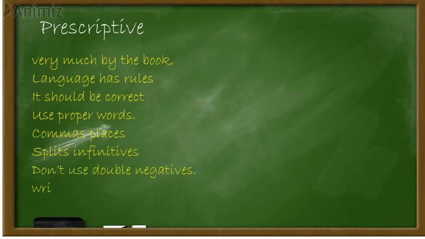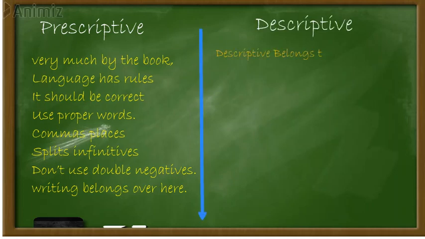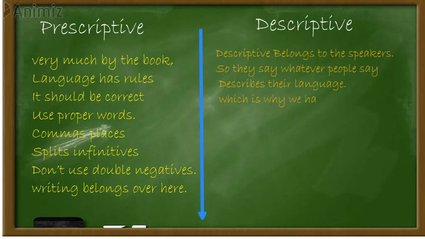Writing belongs over here, the prescriptive side, but formal writing, for example official letters, essays or academic research papers, not texts or posts on Twitter or Facebook, while descriptive belongs to speakers. They say whatever people speak is their language, which is why we have words that are now part of our language, whereas before they were not.